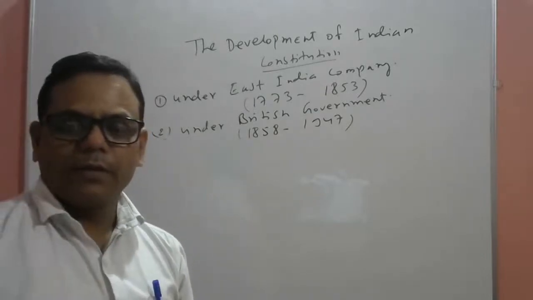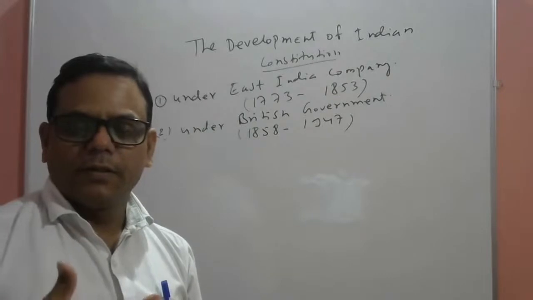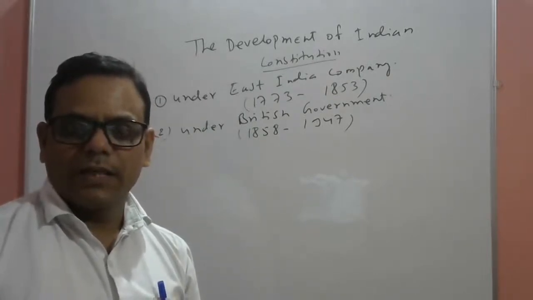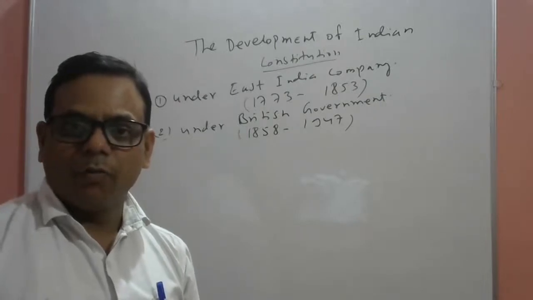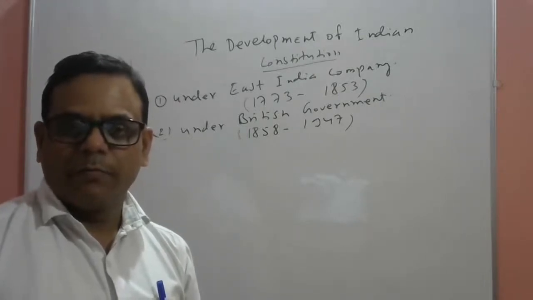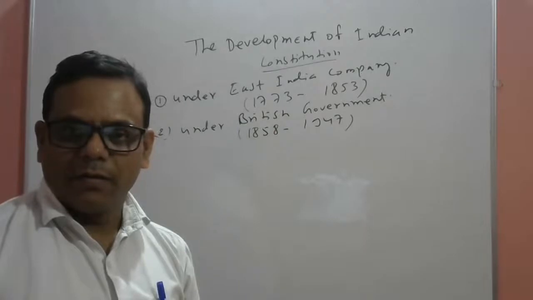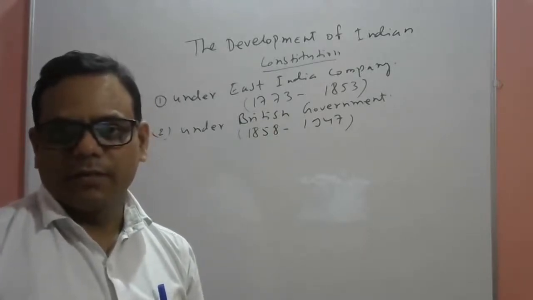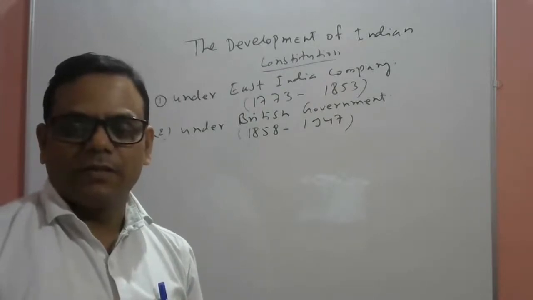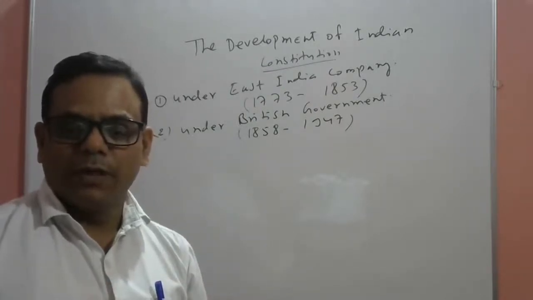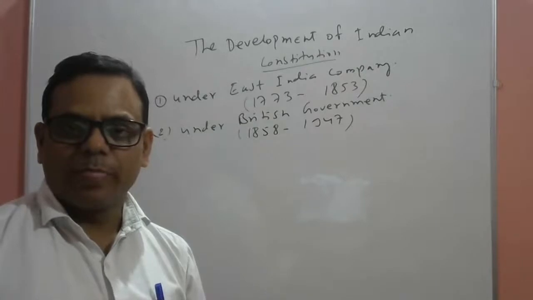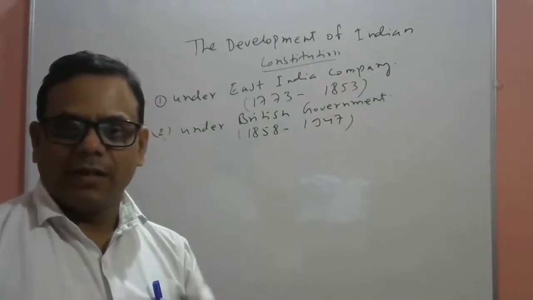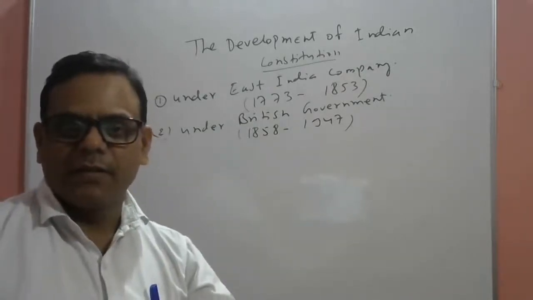And after 1858, the rule of India was handed over to the British government. After 1858, the Indian government system was taken directly by the British government.